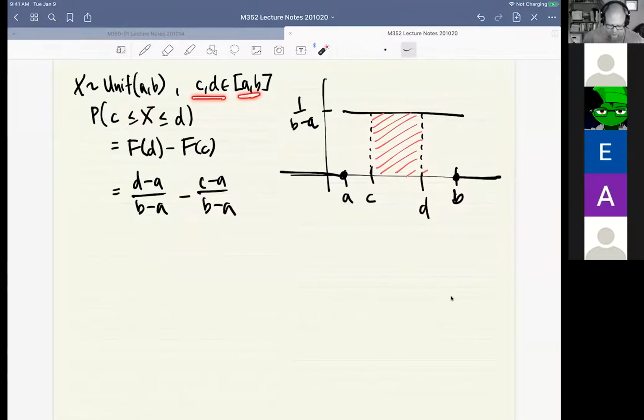When C and D are in this interval, then I can plug in. So this would be an X, but my X here is a D. This would be the X, but my X here is a C. So I get these. The common denominator is the same, so I can put this all over the same common denominator and then simplify the numerator, and then you'll see, surprise, or actually, no surprise, that the value of this probability is given by this. Exactly the height times the width, just like you told me. Okay. So it all works out.